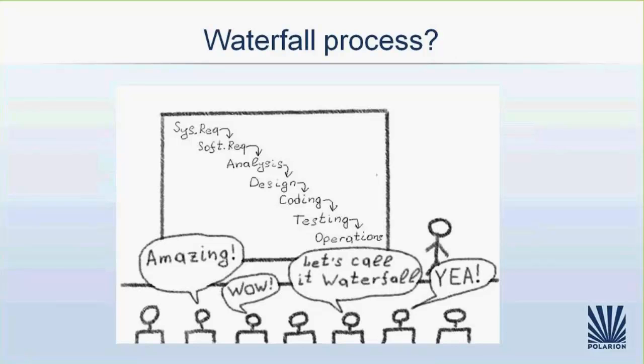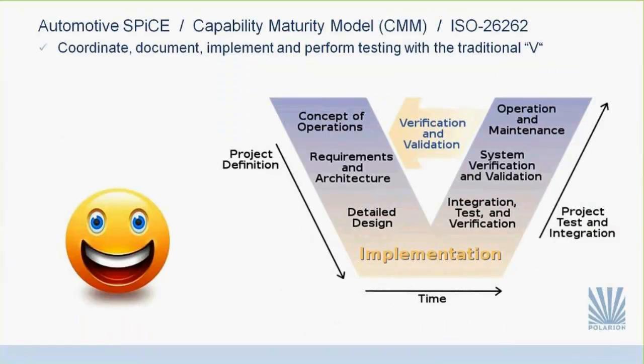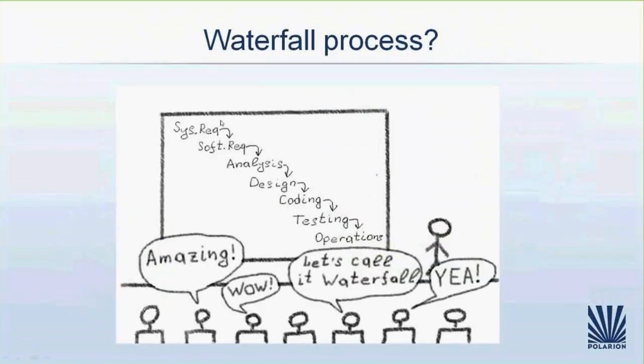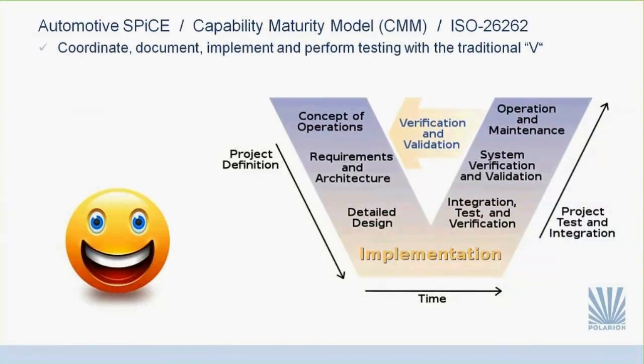Why? Okay, I'll show you. Everybody come up, okay, we need to work on the traditional V, which is pretty much the same as the waterfall. So it's the waterfall at the end of the day, because you have requirements, design, implementation, test, and operations, right?